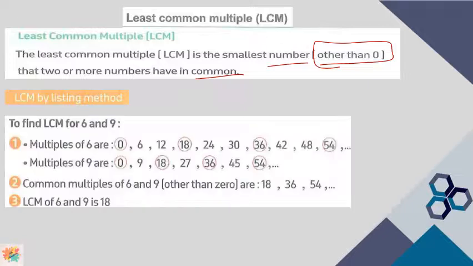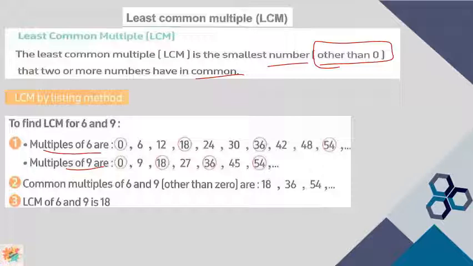As with the listing method, the ordinary method: find the multiples of 6, which are 0, 6, 12, 18 and so on, the answers of the table. And also the multiples of 9: 0, 9, 18, 27, 36 and so on. Where do we stop, Mr.? Write 5, 6 or 7 numbers and stop.